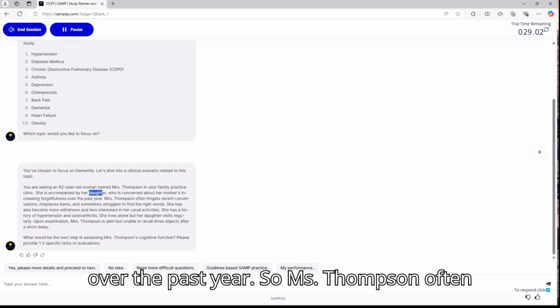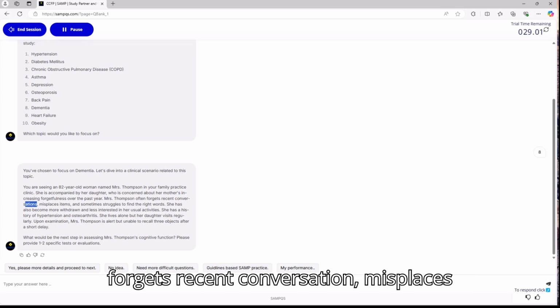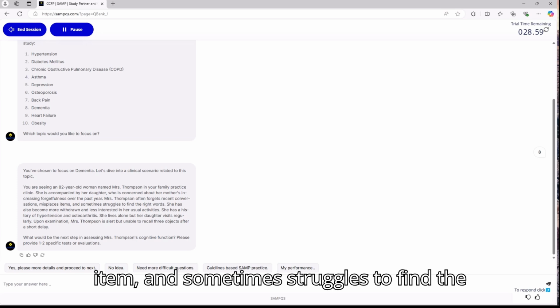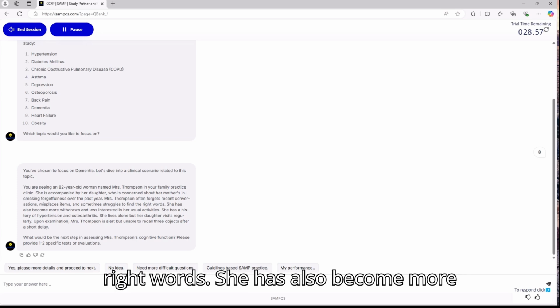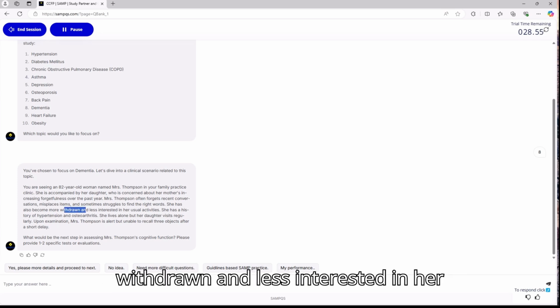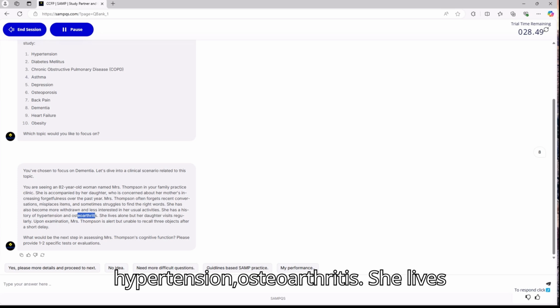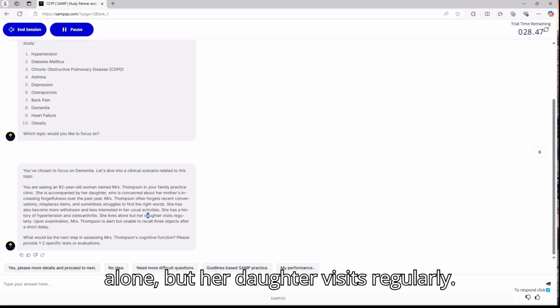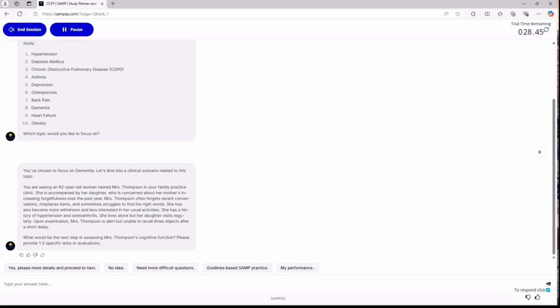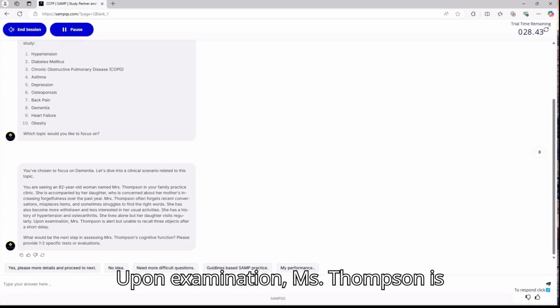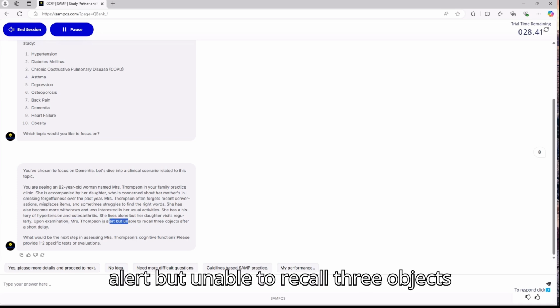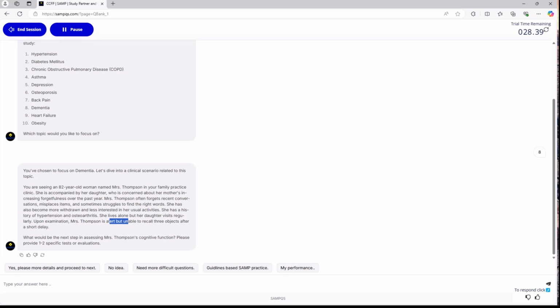Ms. Thompson often forgets recent conversations, misplaces items, and sometimes struggles to find the right words. She has also become more withdrawn and less interested in her usual activities. She has a history of hypertension and osteoarthritis. She lives alone, but her daughter visits regularly. Upon examination, Ms. Thompson is alert but unable to recall 3 objects after a short delay.